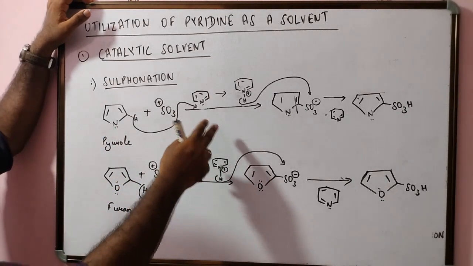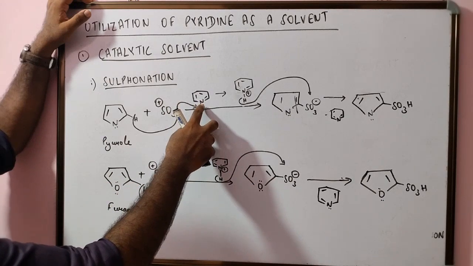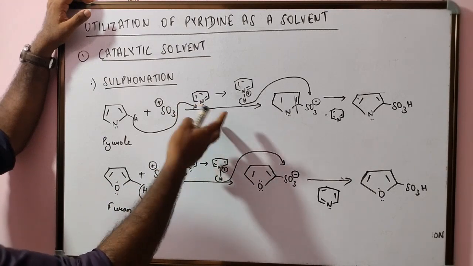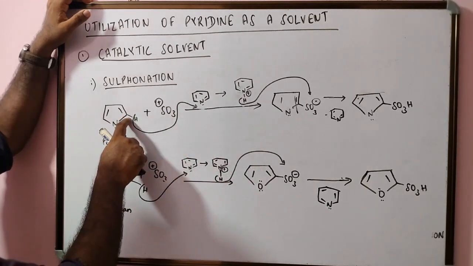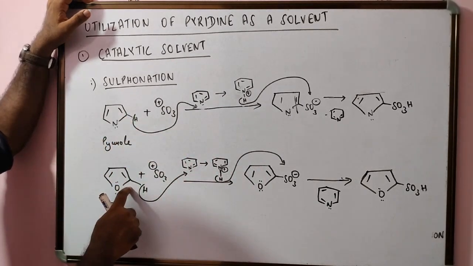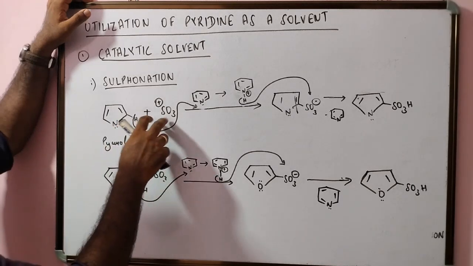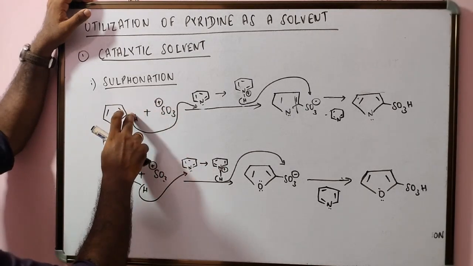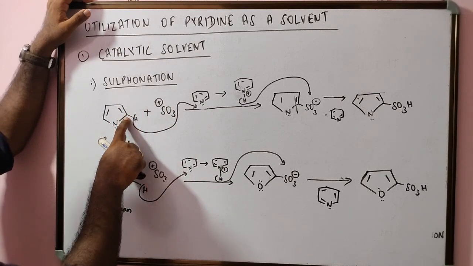While it forms the bond with the hydrogen, on the other end, what results here is a development of negative charge on the adjacent carbon atom. It is at this negatively charged carbon atom that the electrophile attacks at the second step.